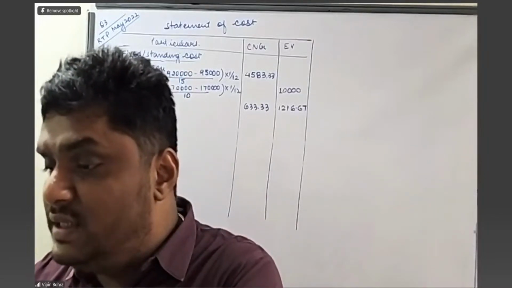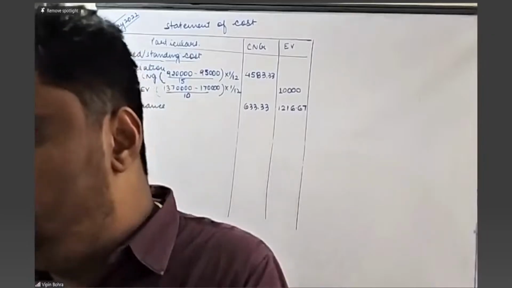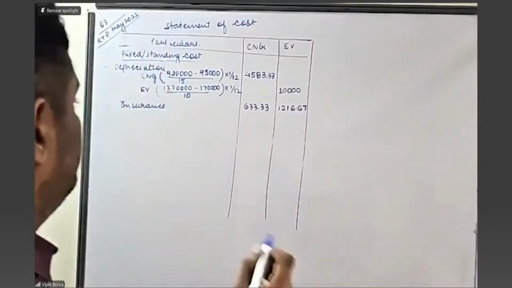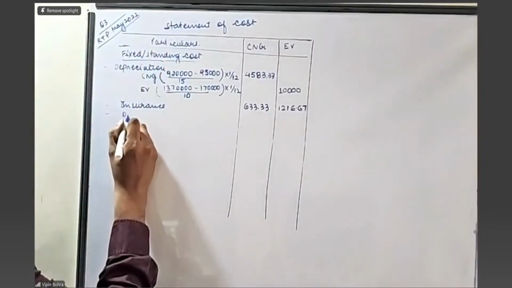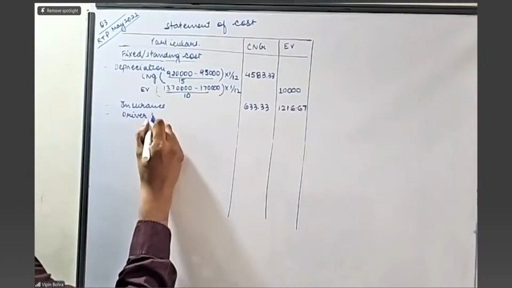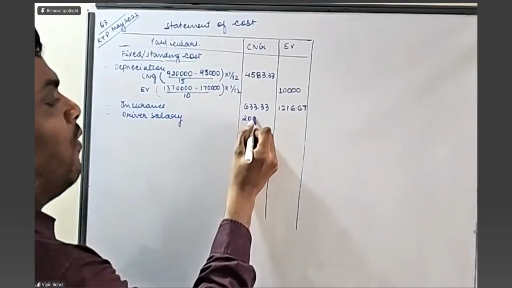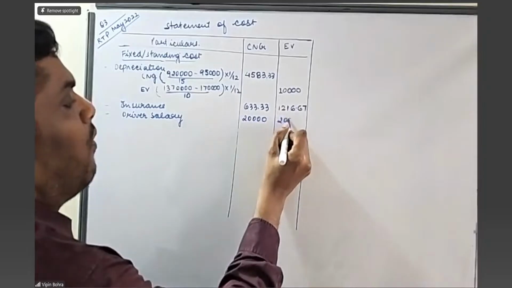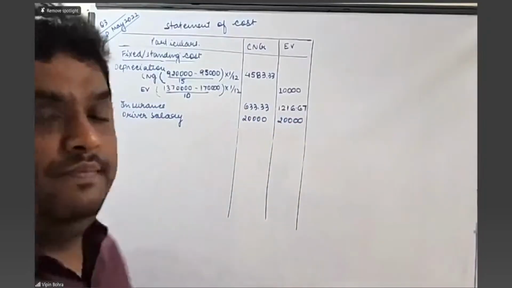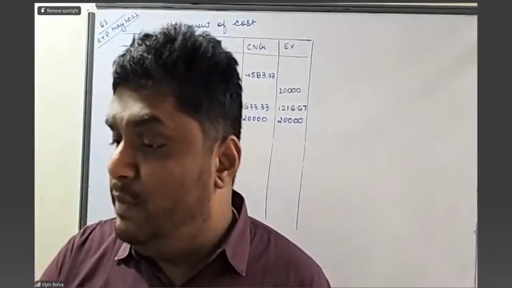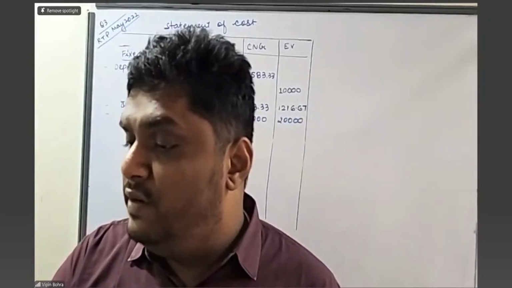Now, next is driver salary. It is 20,000 per month. Garage rent per car, it is 4,500 per month.